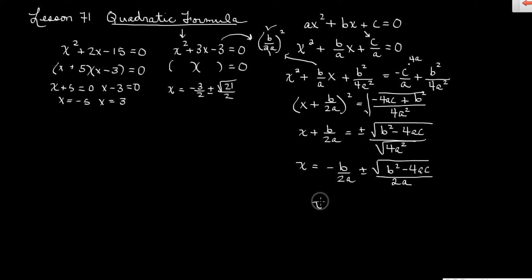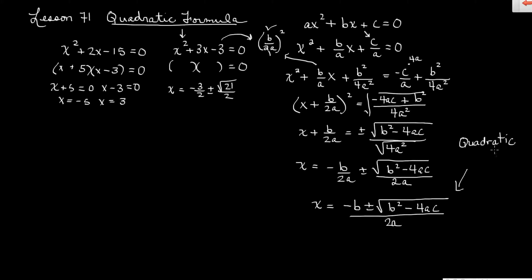And our final answer to this problem, final when we're solving it for x, which is going to be the quadratic formula, is negative b plus or minus the square root of b squared minus 4ac all over 2a. This is what's called the quadratic formula.